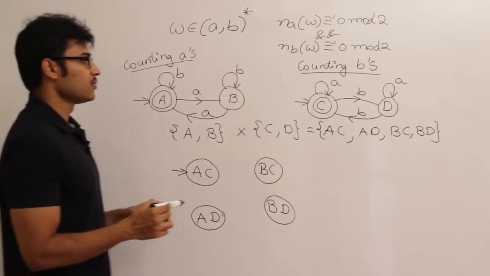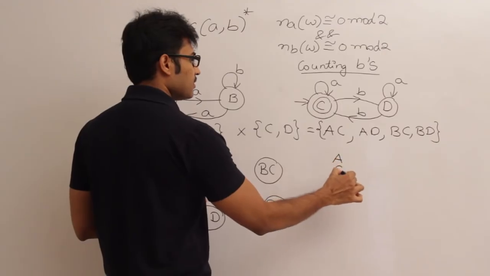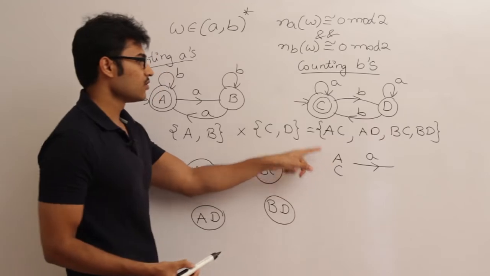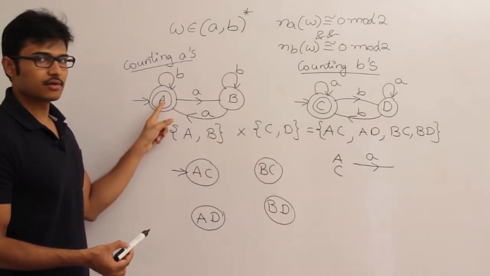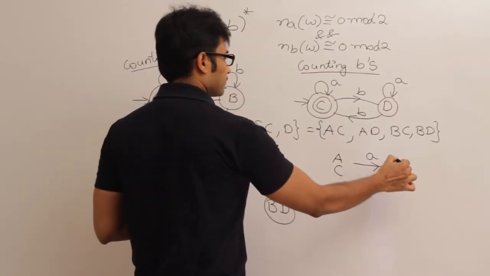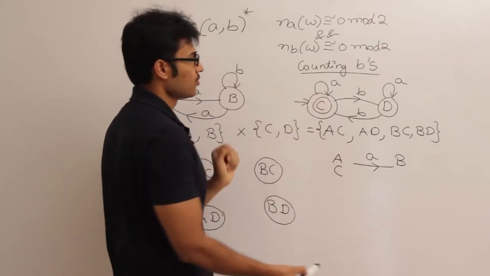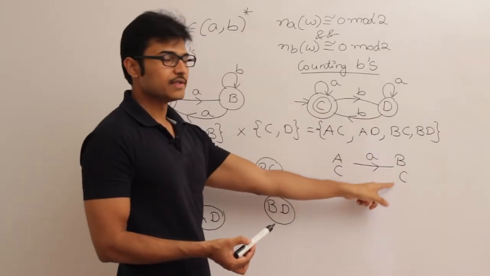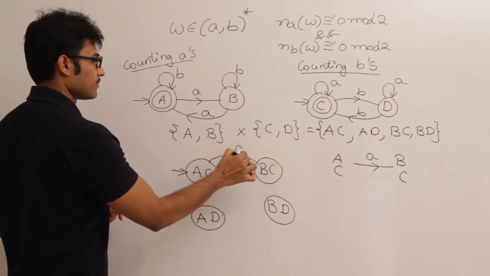For example, what is the transition of AC on small a? In order to know this, go to the original diagram and see what A is doing. Capital A on small a goes to capital B, and capital C on small a goes to capital C. Therefore AC on small a goes to BC.